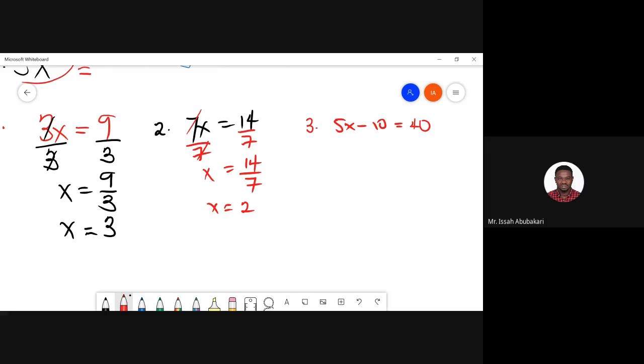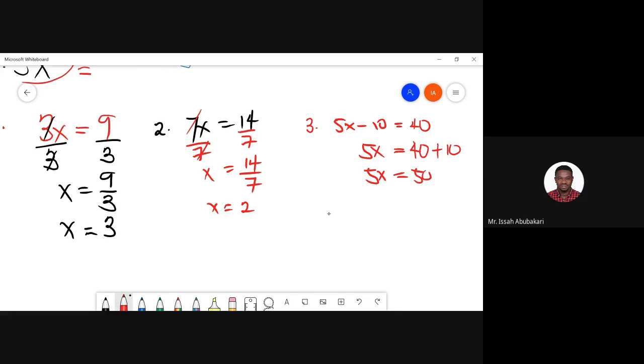So in other terms, we say we are grouping like terms. So we have 5x is equal to 40 plus 10, because 10 here is negative on the left side. When you send it to the right side, it becomes positive. 5x is equal to 50.